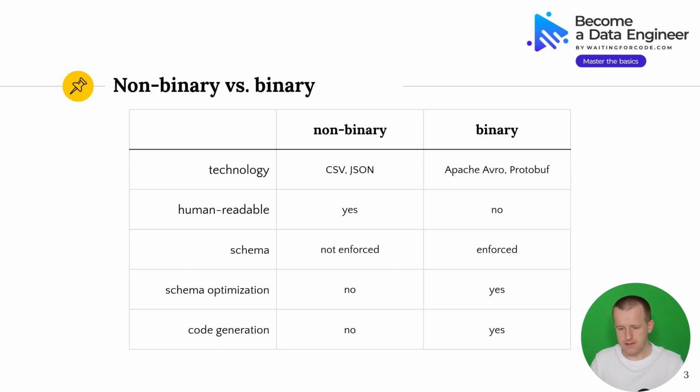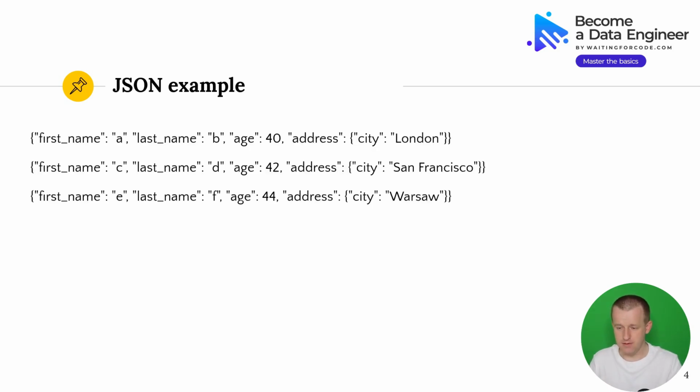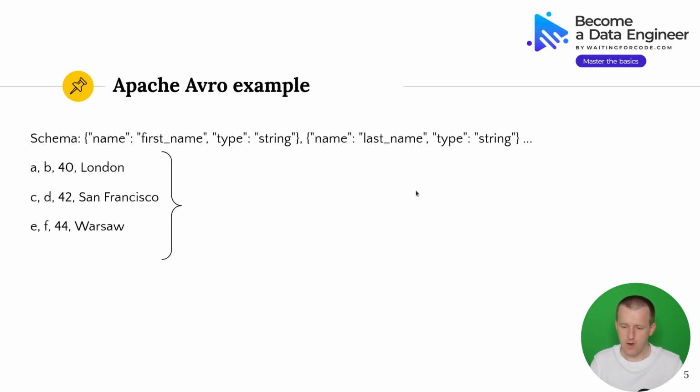So to support a bit my sayings, there is a JSON schema example, so you can see that we are repeating all the attributes each time. And on the other hand, when we have the Apache Avro example for the binary file format, we define the schema once in the beginning of the file, and later we write each row just with the values, and the binary file formats framework like Apache Avro will figure out how to make sense of these single lines of values.